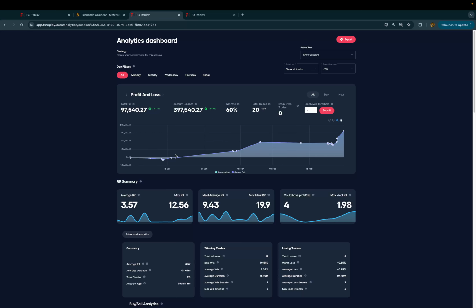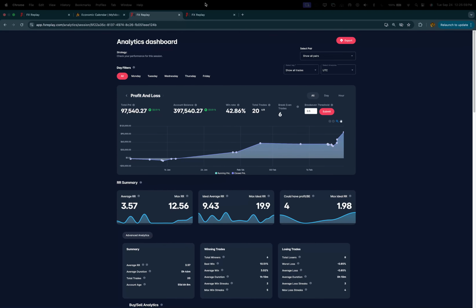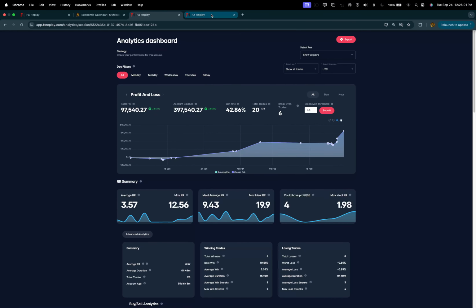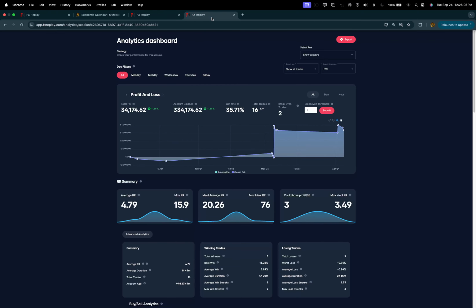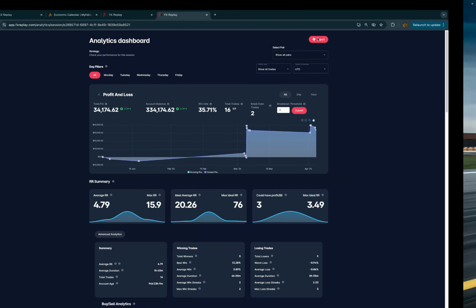Most of my movers were made from like 7-ish trades. With a win rate of 60%, drop that down, excluding break-evens, 42%. Notice that huge change. So yeah, I'm gonna continue testing this over the next few weeks.